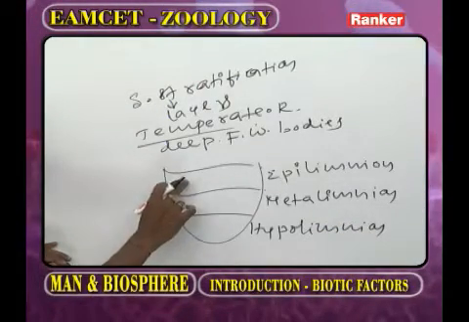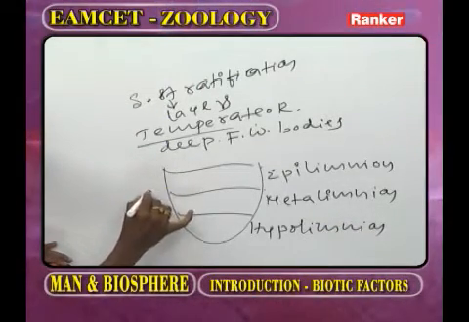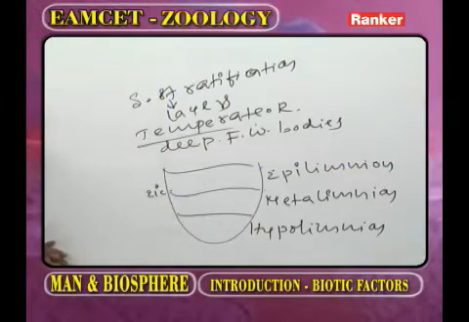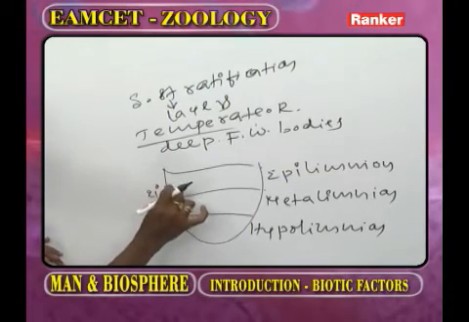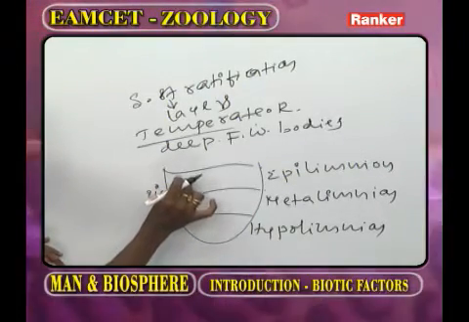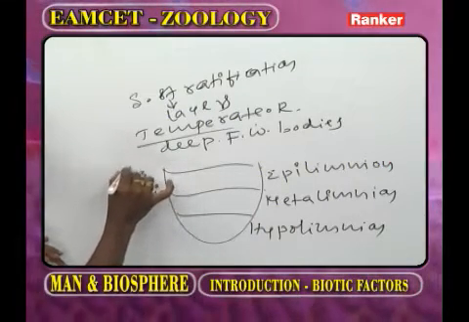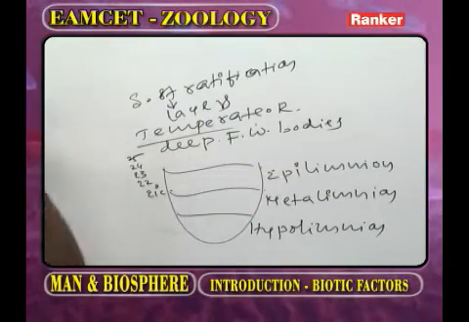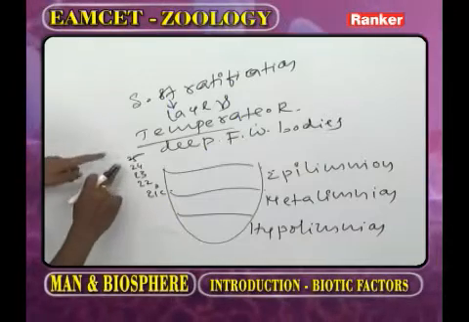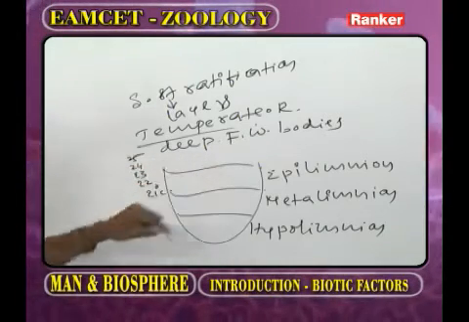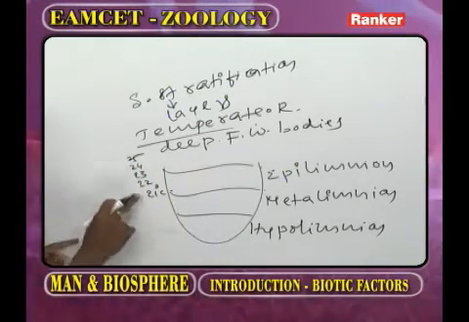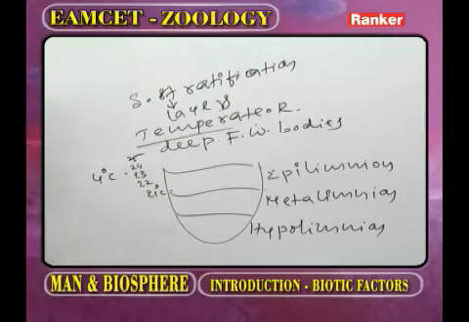In the summer season, epilimnion minimum temperature 21 degrees centigrade. The temperature of epilimnion increases 22, 23, 24, 25. What is the maximum temperature of epilimnion? 25. What is the difference? 4 degrees centigrade.